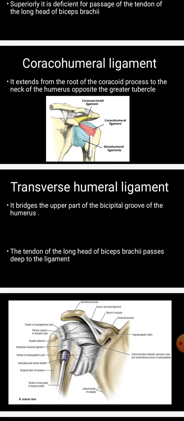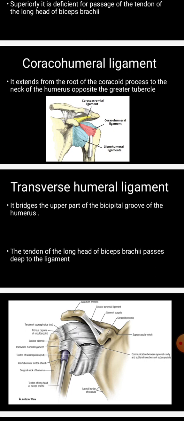Another name is the bicipital groove. This bicipital groove is basically a depression between the two tubercles. A ligament bridges over this bicipital groove, and the name of this ligament is the transverse humeral ligament.